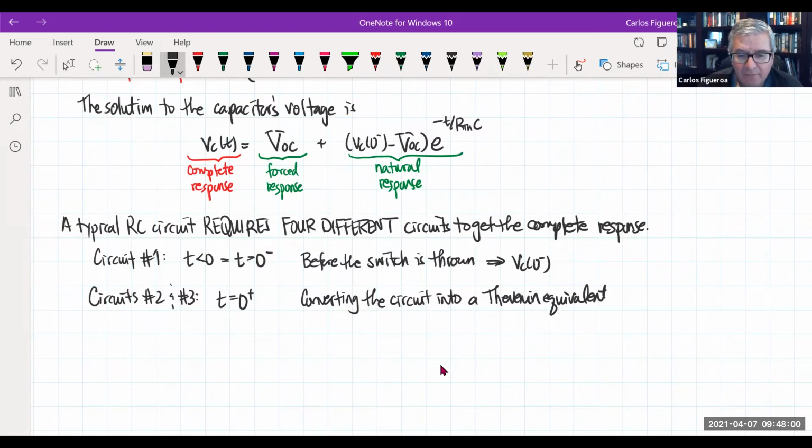Most of the circuits you're going to see will not have dependent sources, but this requires 2 circuits: one of them has to be your VOC circuit, and the other one has to be your RTH circuit.